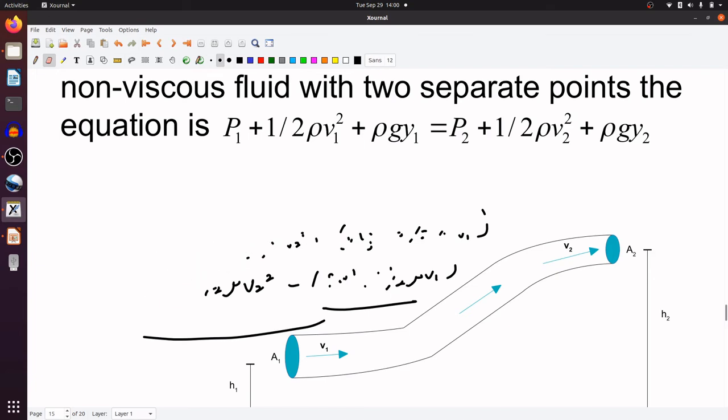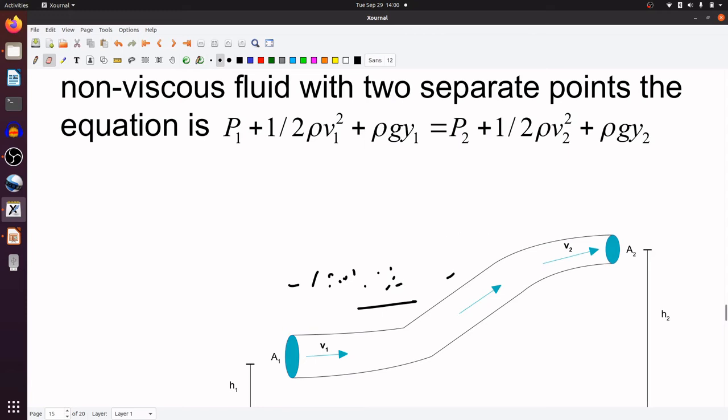Okay, so there is an implication of Bernoulli's equation, so I'm going to write that down here. So let's say that one side of your equation is constant.